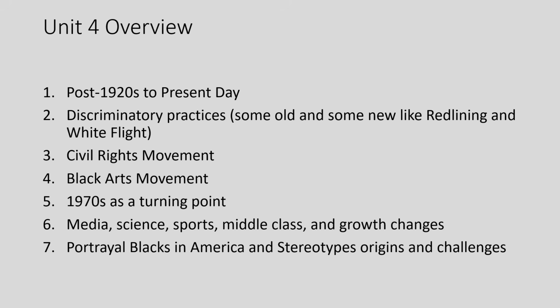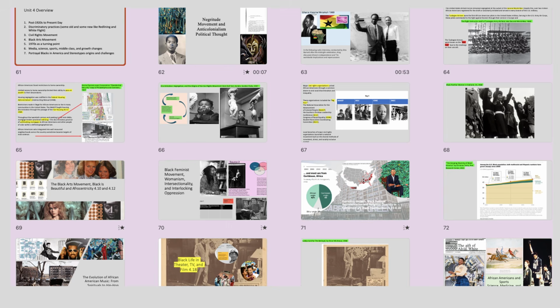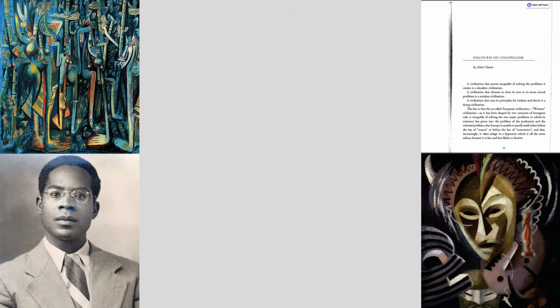It does start with war, World War I and World War II, but we do start to see some colonialism thought, Kwame Nkrumah, war, redlining strategy, which leads to more segregation, then eventually the overturning of Plessy versus Ferguson, and then how the Civil Rights Movement emerges to try to reverse some of the circumstances experienced by Black Americans, Black Panther Party, the Black Arts Movement, Black feminist women, and then some of the data showing the Black middle class. And then from there, it's basically music, TV, sports, science, and Afrofuturism.